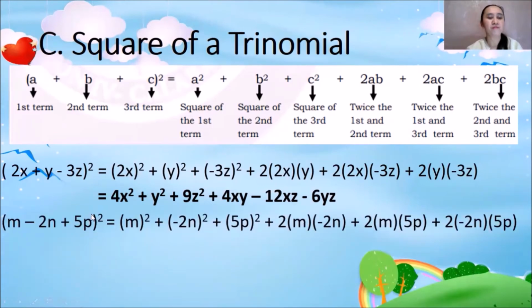Another example, the quantity of m minus 2n plus 5p squared.